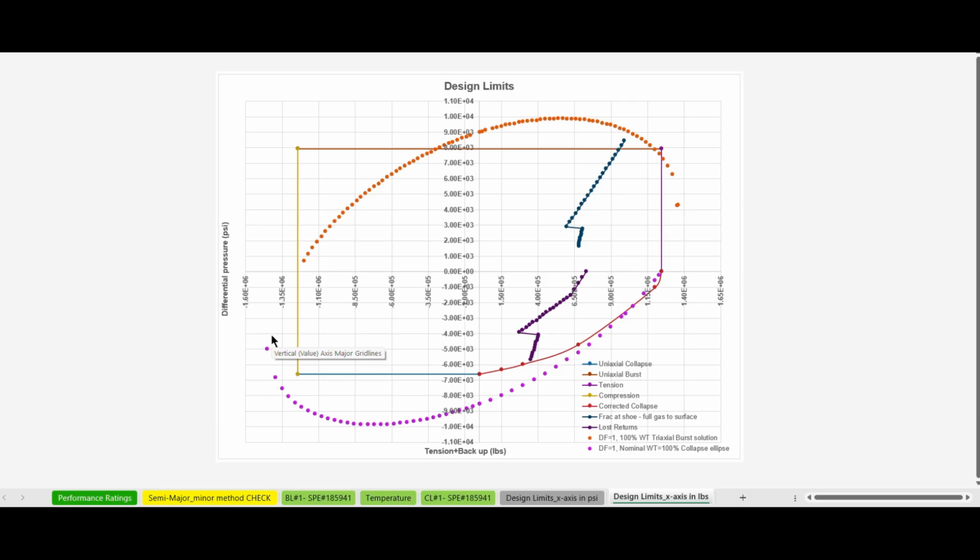I think when the ratio of tension plus the backup divided by the yield strength is above 1.15, you will get a negative value, and you will not be able to solve the square root of that one.